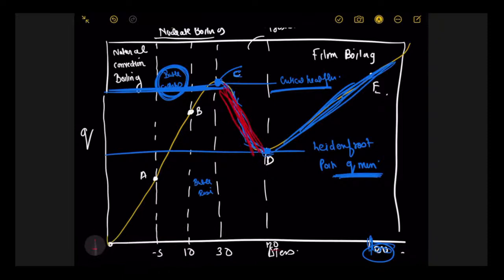So if you see from point C to D, you are just burning energy. Means you are increasing the temperature but the flux is decreasing, okay? So from point C to E, it is known as the burnout period. Why is it known as the burnout period?